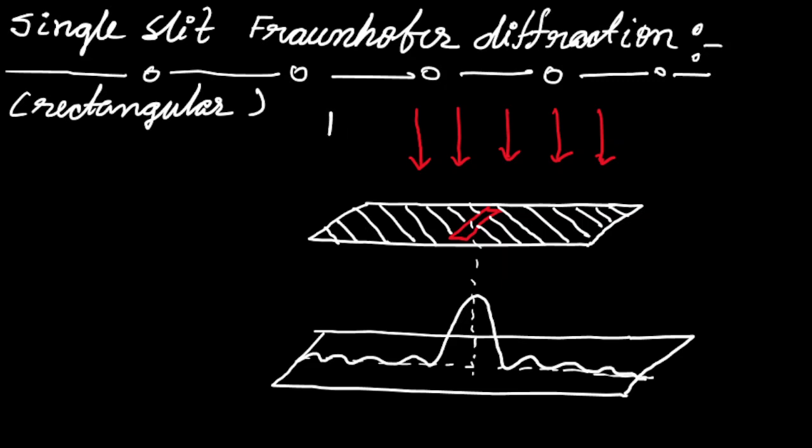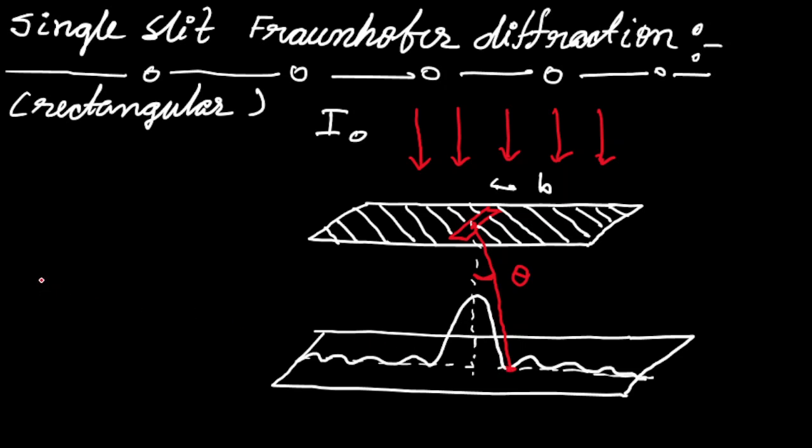Let's say this is the intensity of the incident wave, and let's say slit width is b, and this angle, let's say theta, is called the diffraction angle. Then at this point on the screen, what will be the intensity?